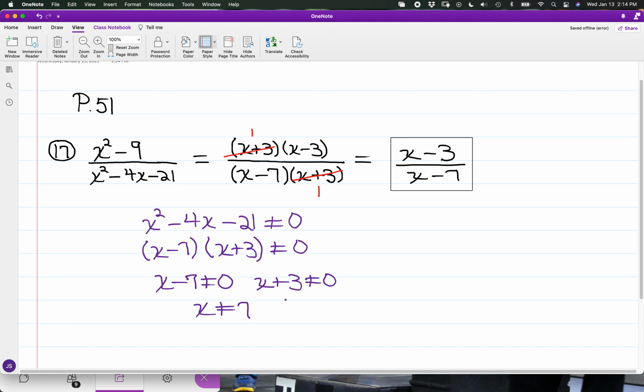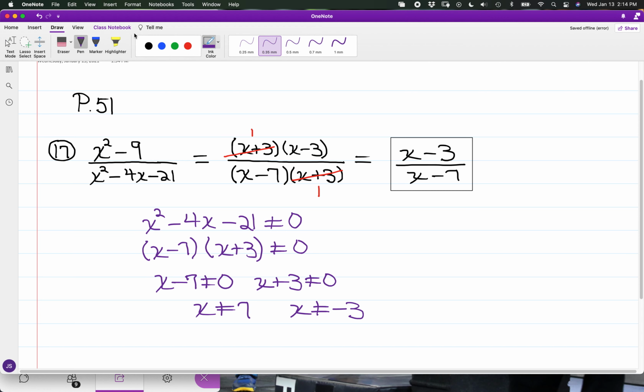We also have x plus 3 cannot be 0, so x cannot be equal to negative 3. These two excluded values are the restricted values. Once again, those are 7 and negative 3.